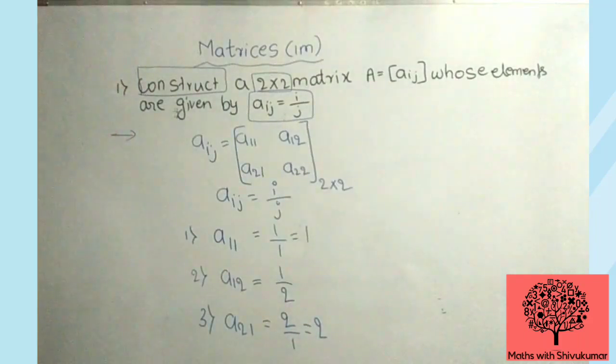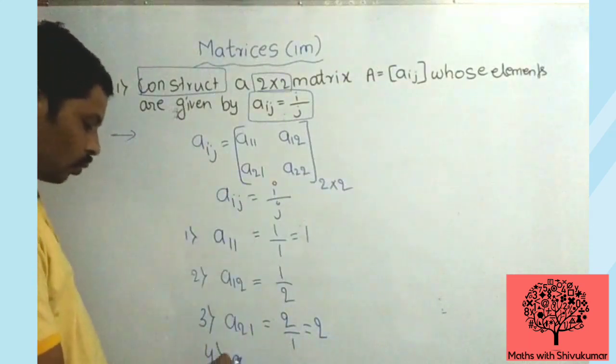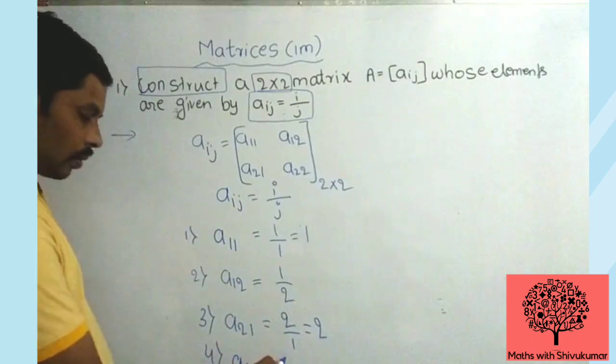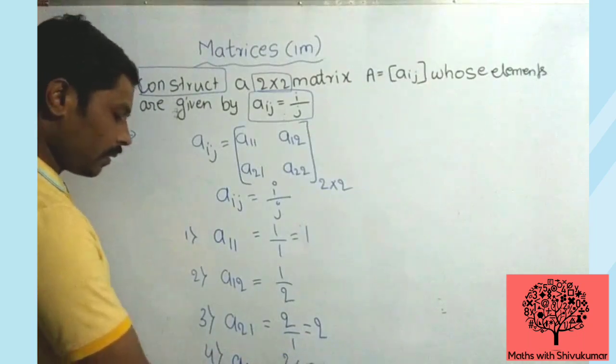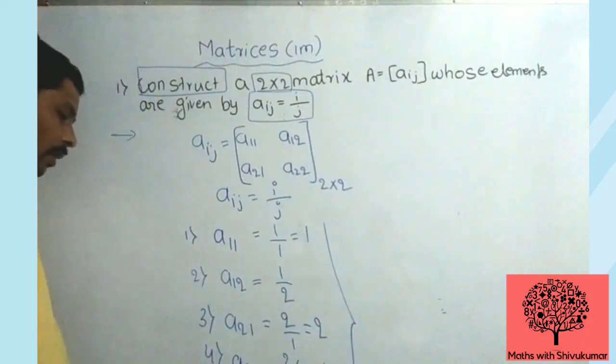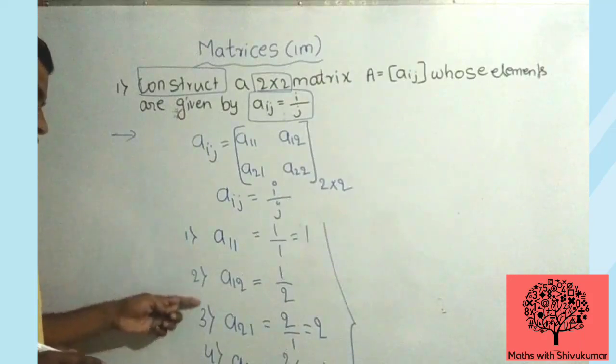So fourth one, A22. I value is 2, j value is 2. So 2 by 2 means how much you will get? 1. So 1, 2, 3, 4.